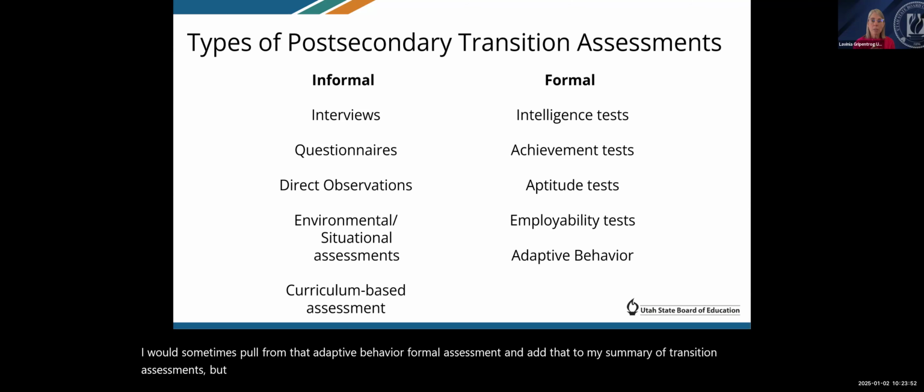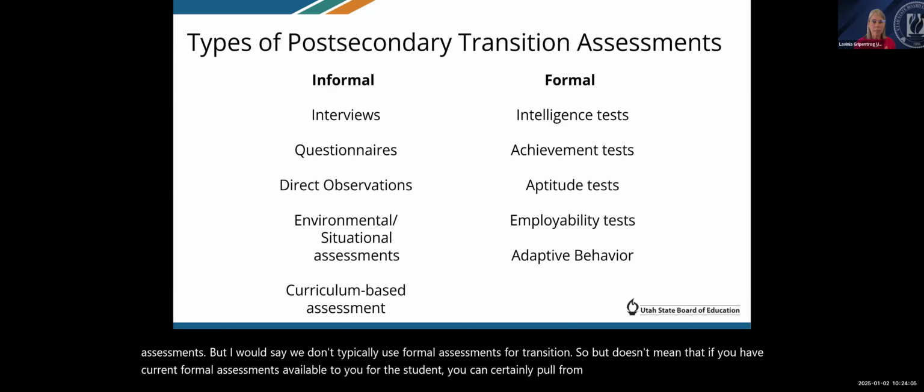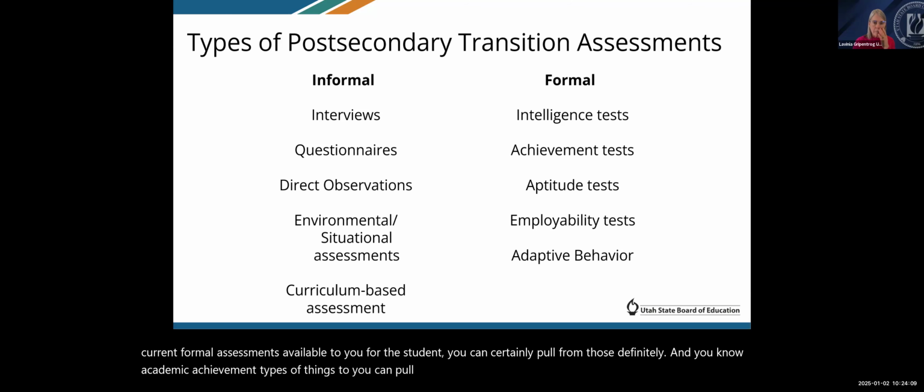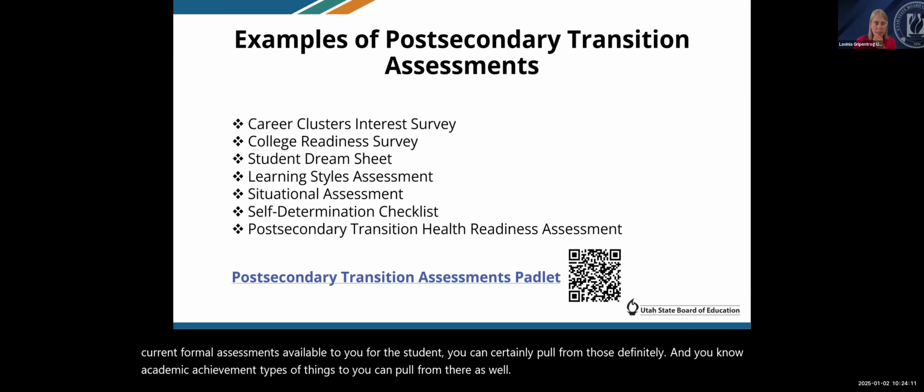But I would say we don't typically use formal assessments for transition. But that doesn't mean that if you have current formal assessments available to you for the student, you can certainly pull from those, definitely. And academic achievement types of things too, you can pull from there as well. So I wanted to make that clear.